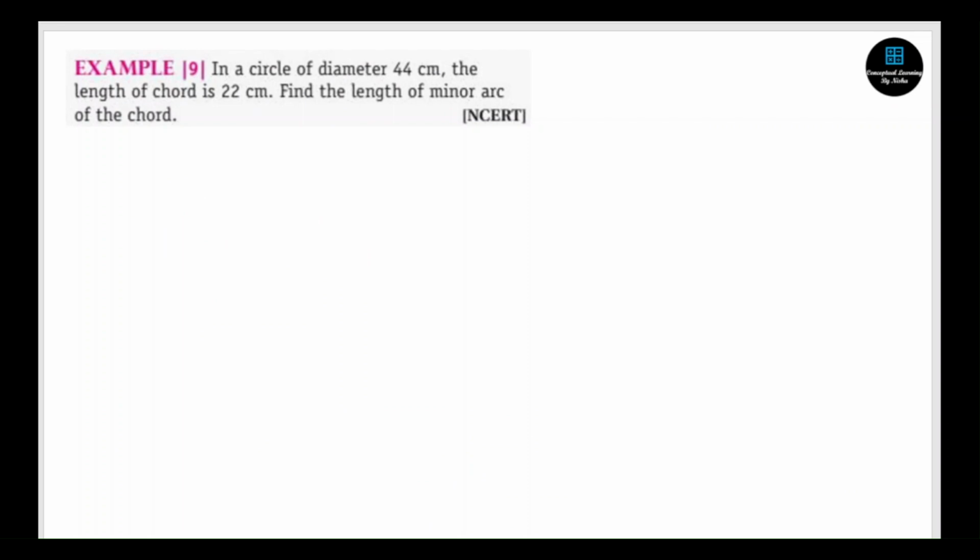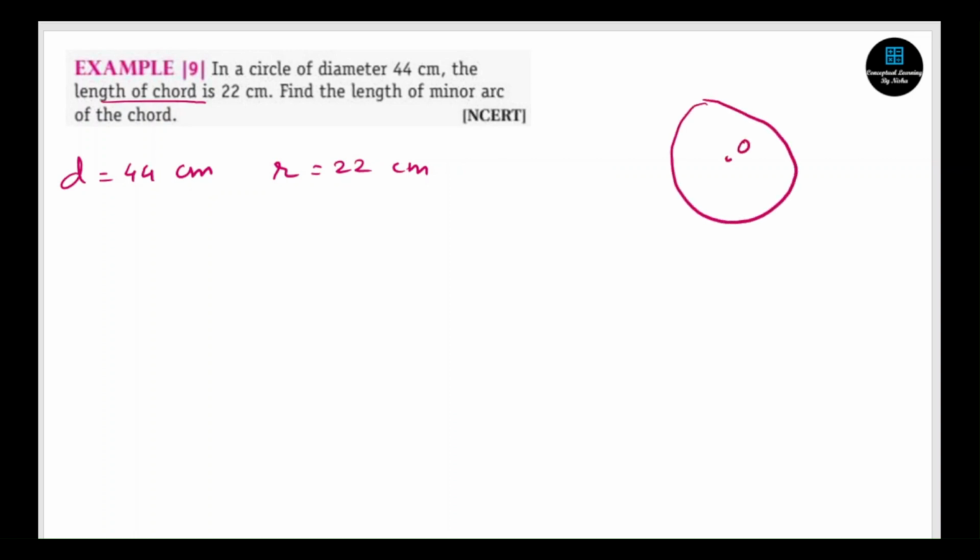Now here in this question, see the circle of the diameter. The diameter is given as 44 centimeter. So we can write the radius as 22 centimeter. The length of the chord is given as 22 centimeters. So let's understand. This is the center.